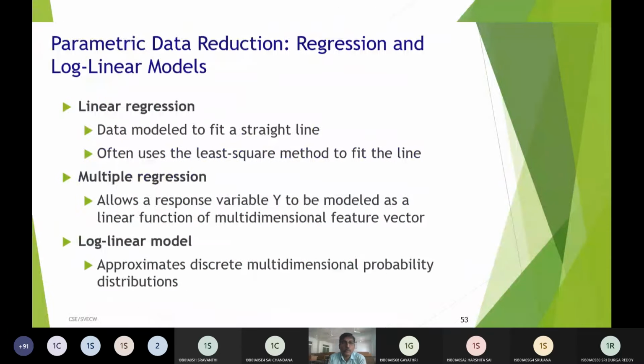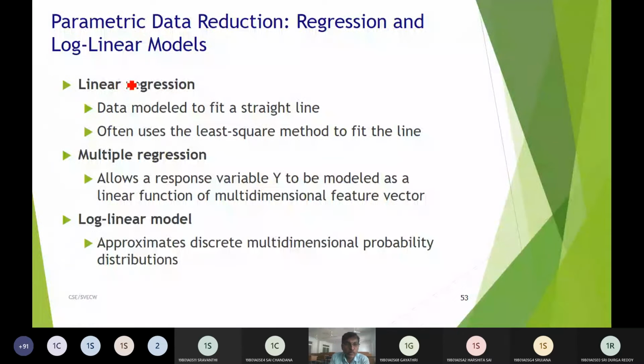When we talk about the parametric content, the techniques we are going to use are linear regression, and the second technique is log-linear models.